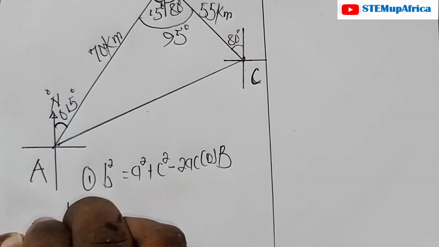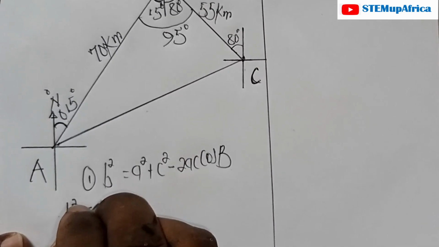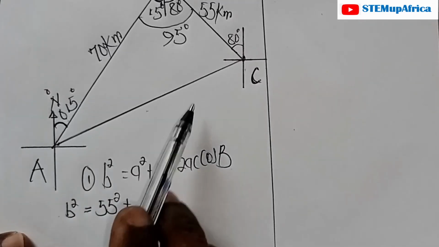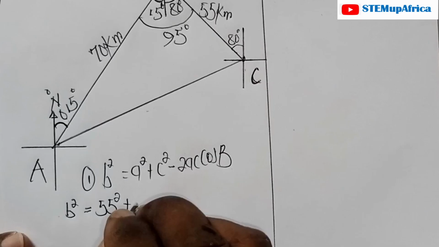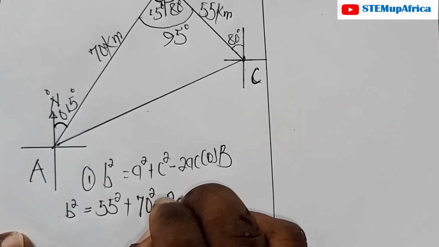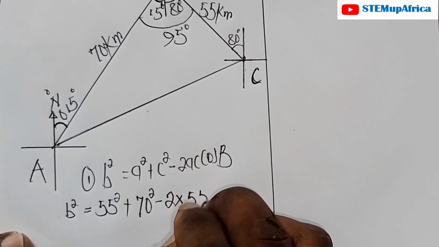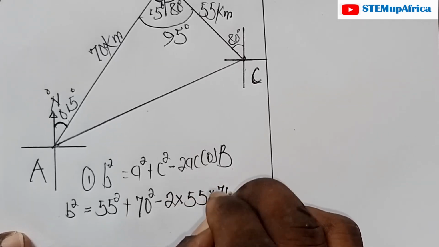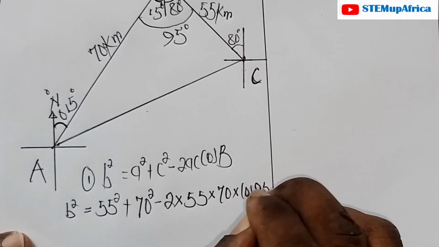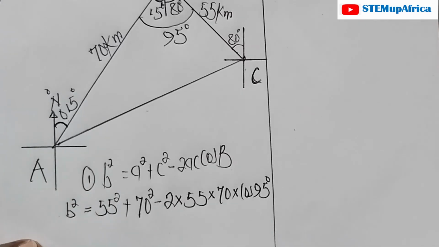So b squared will be 55 squared plus small c, which is 70 squared, minus 2 times 55 times 70 times cos 95 degrees.